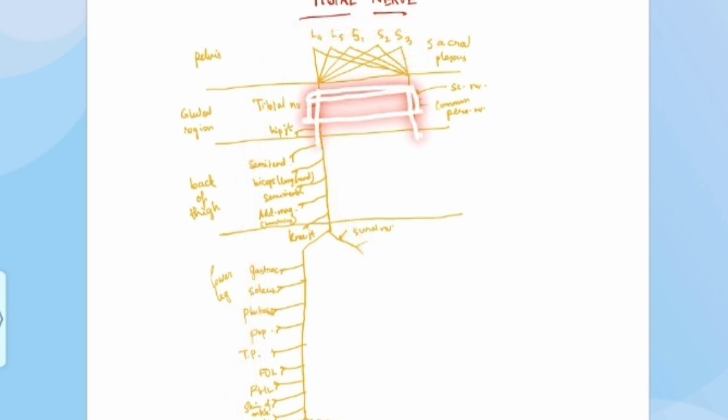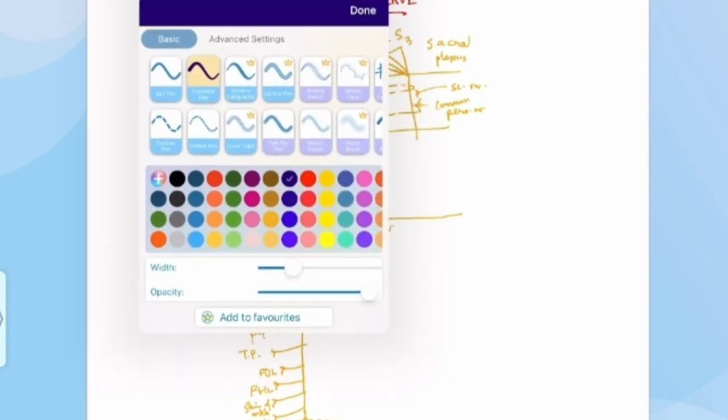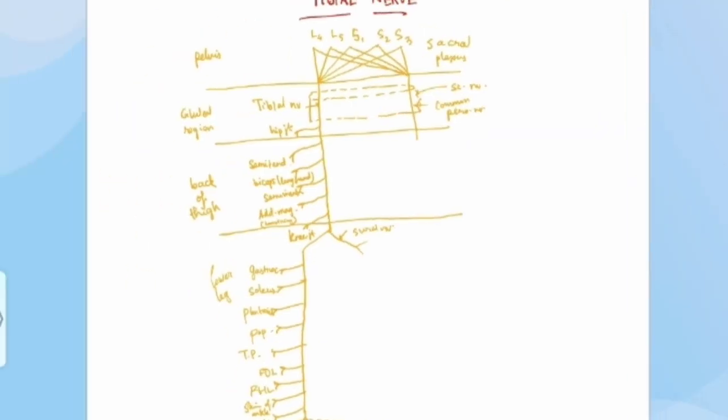It has both the tibial and the common peroneal components. I just discussed the sciatic nerve earlier, so let's get into the tibial nerve now. The root values of the tibial nerve are the ventral branches of the ventral rami of L4, L5, S1, S2, S3.